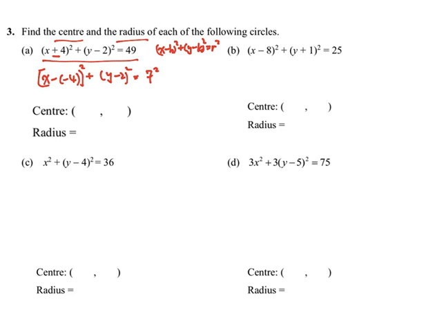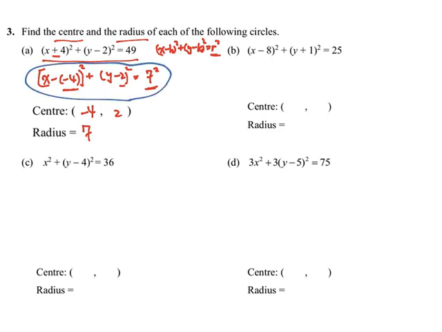Okay. So the center, we can see it is negative 4, and then 2. Okay, opposite. For the radius, you see it's r squared, 7 squared. So r is 7, or root 49 equals 7. Now actually, you can skip this step.